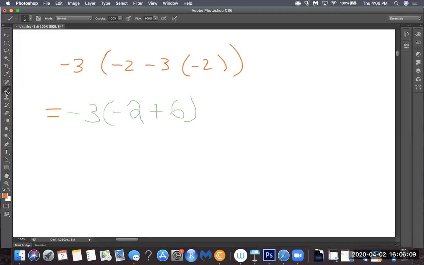What's negative 2 plus 6? If he owes 2 and has 6, 4. Why? Because he owes 2 and has 6. Very good. So write equals negative 3.